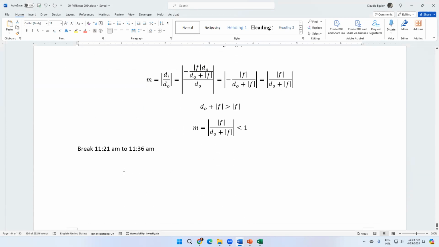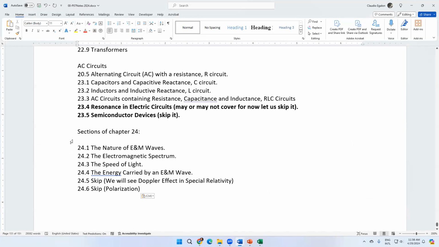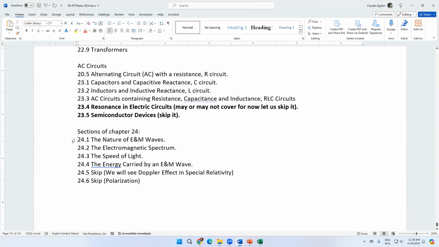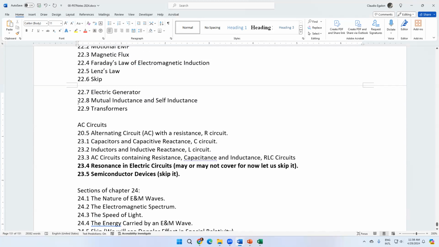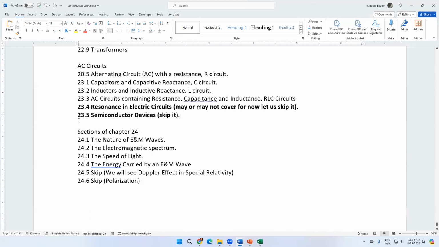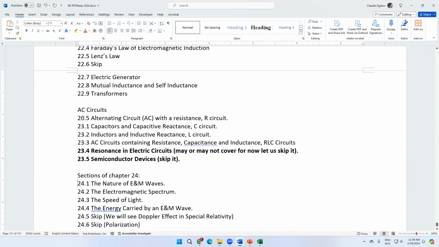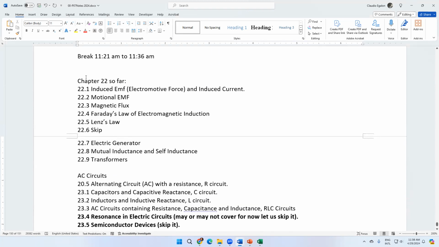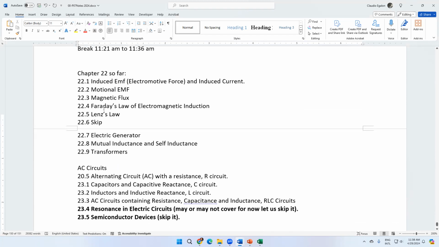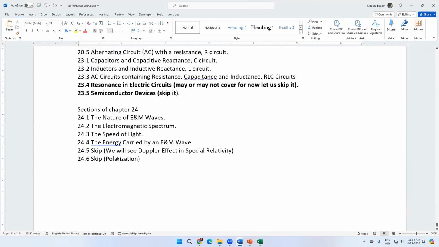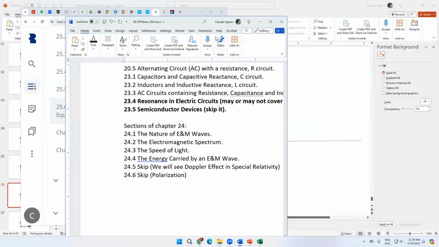It's a little bit more complicated than mirrors, but rather similar. Because mirrors are simpler, we cover mirrors before lenses. And let's write it down, sections of chapter 25.